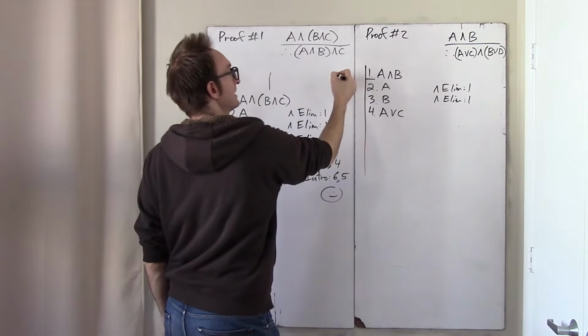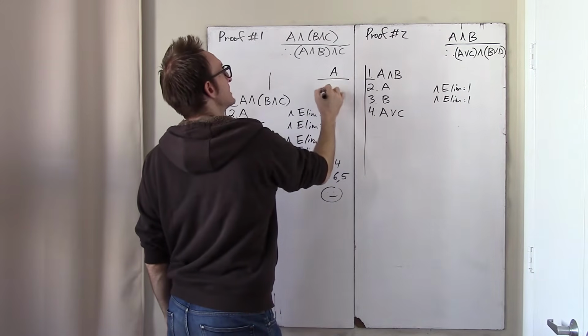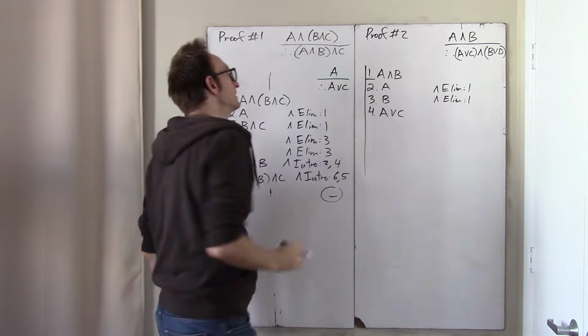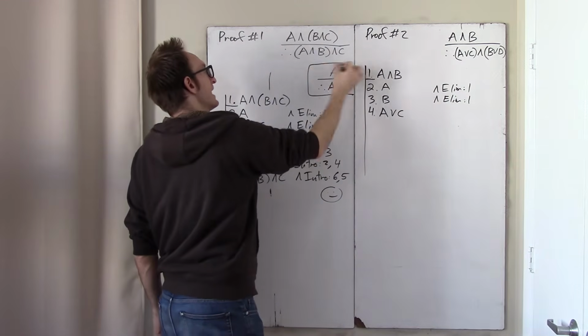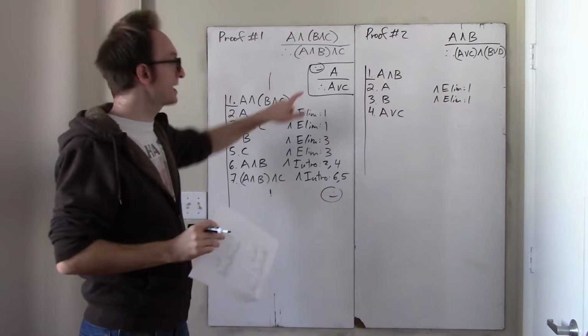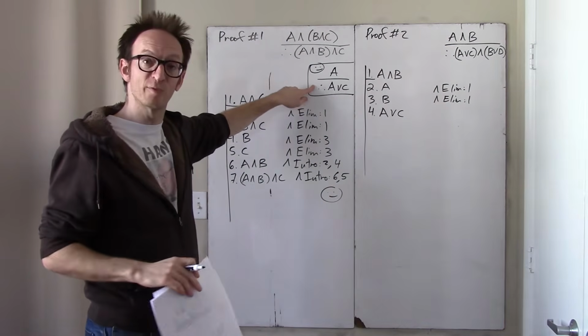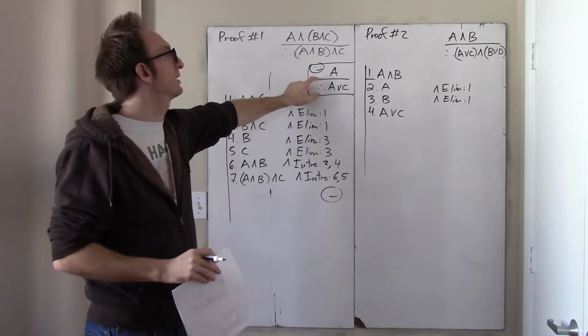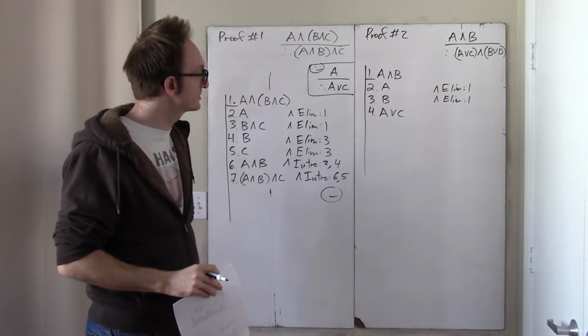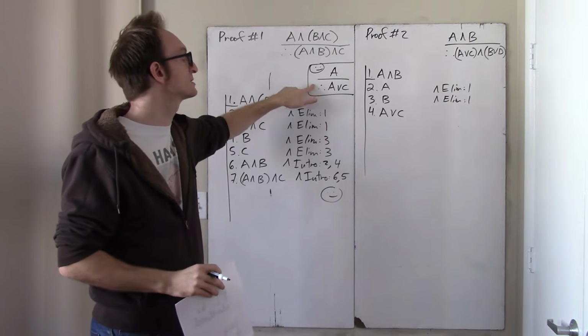The argument that I'm claiming is valid now is the argument that says if A, then A or C. The validity of this argument can be checked by brute force with the truth table. The truth table gives the semantics of these propositions. It tells you under precisely what conditions these propositions are true and false.